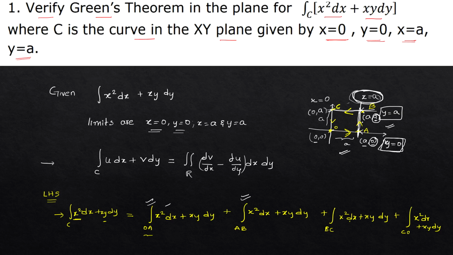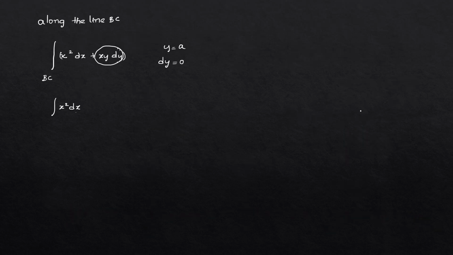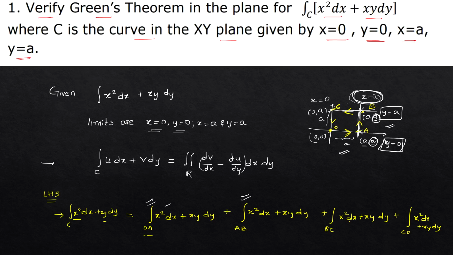Here we are going in the direction of B to C. The arrow mark represents the same. Since it is a loop, we have to find the integral in an ordered manner: OA, AB and BC. Now in BC, the limits of x are varying from a to 0.